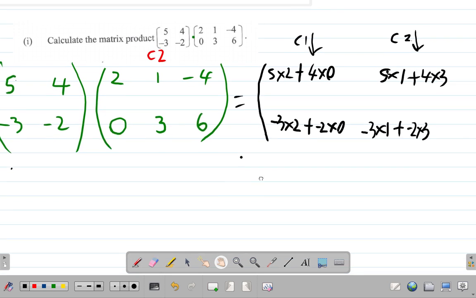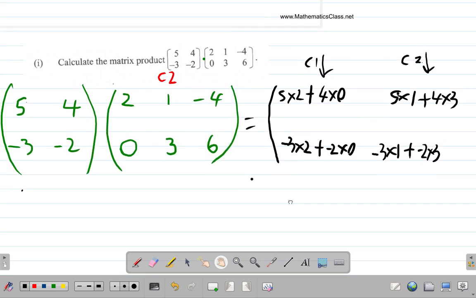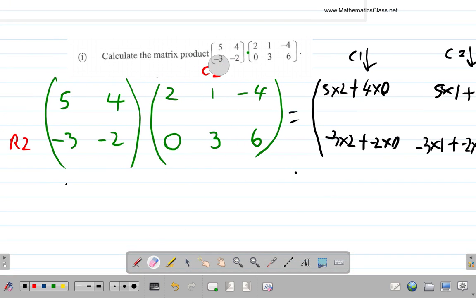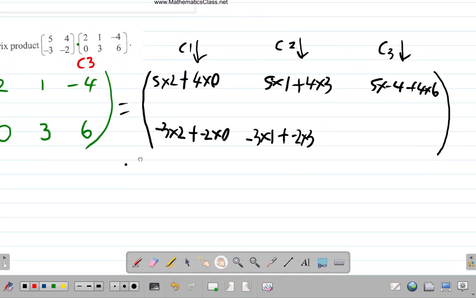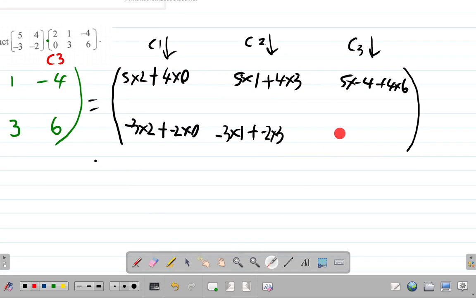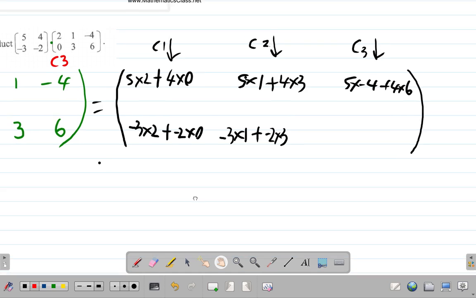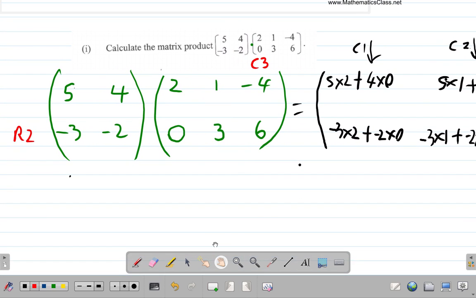Next, it will be row 2 multiplied by column 3. And that will give you the element here in row 2, column 3. So it will be first in row 2 by first in column 3 plus second in row 2 by second in column 3.